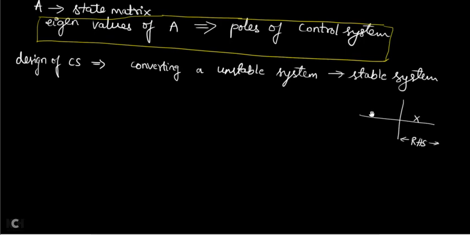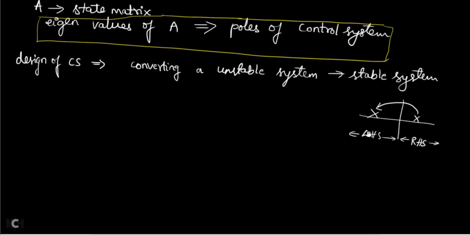If this pole is shifted from the right hand side to the left hand side, this is your left hand side of the S-plane, then all the poles are now present on the LHS. So you can convert an unstable system into a stable system.